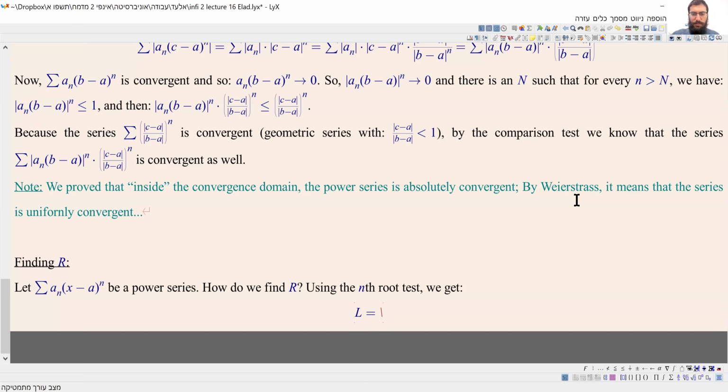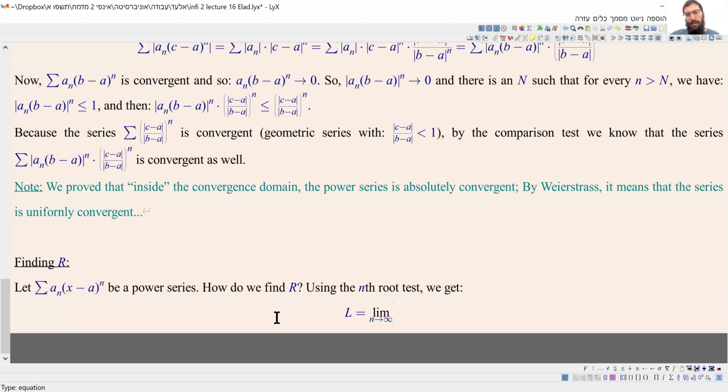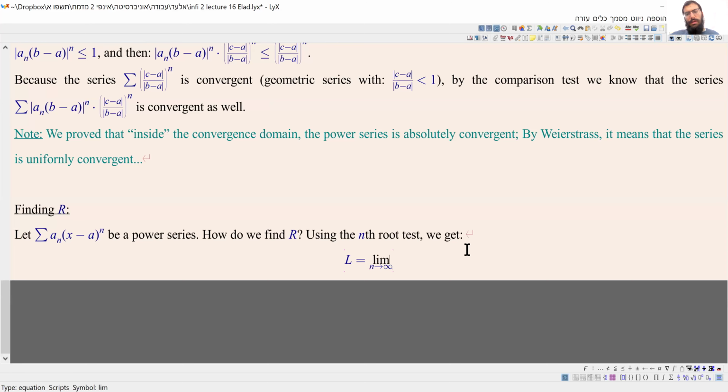L is the limit. Now, if we want to speak about it more precisely, we can say, okay, listen, it's actually the upper limit of the nth root. I don't know exactly what you were taught in the last semester, and I'll talk about it later. I just want to get to the formula of R. Limit of the nth root.